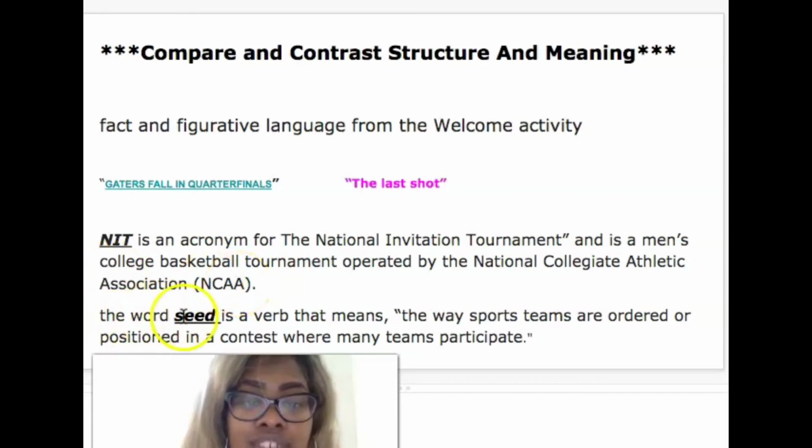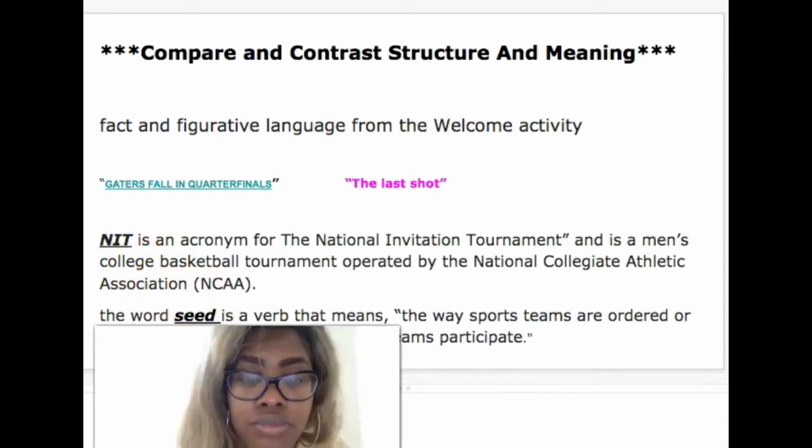I also want you guys to look at the word seed. It is a verb that means the way sports teams are ordered or positioned in a contest where many teams participate. As you read these, you will encounter these two words, and I want you guys to be aware of what it is that they mean.